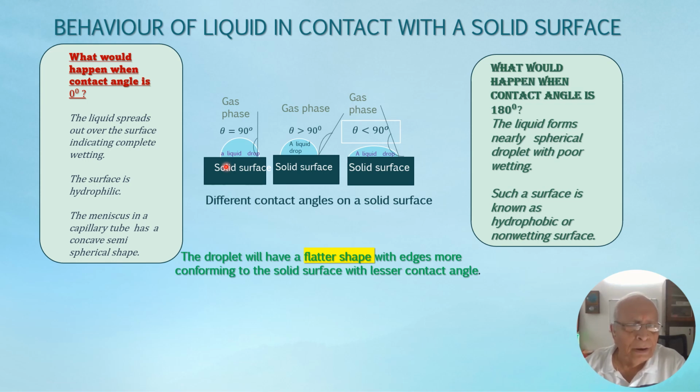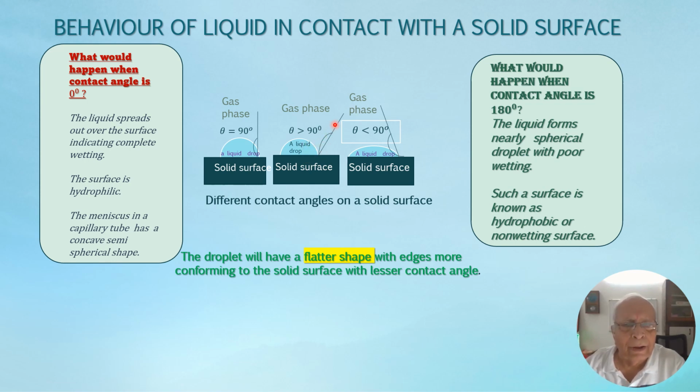Now here we find that in one of the cases, the solid surface, the liquid drop is there, and the contact angle represented by theta is known as 90 degree. In the other case, we find the same liquid drop is there, but the contact angle is greater than 90. Greater than 90 means an obtuse angle is formed.